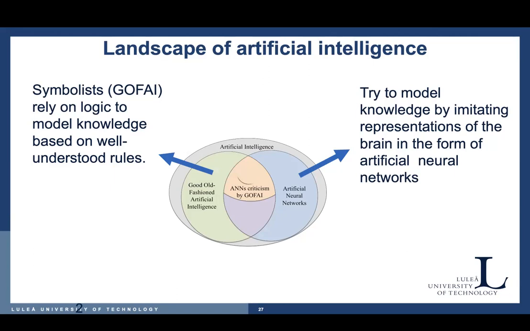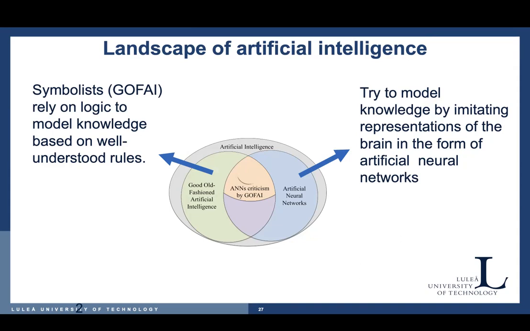There are basically two classes or two camps of AI researchers historically: those who try to model the knowledge by imitating representations of brain activities, and those who build logic on well understood rules.